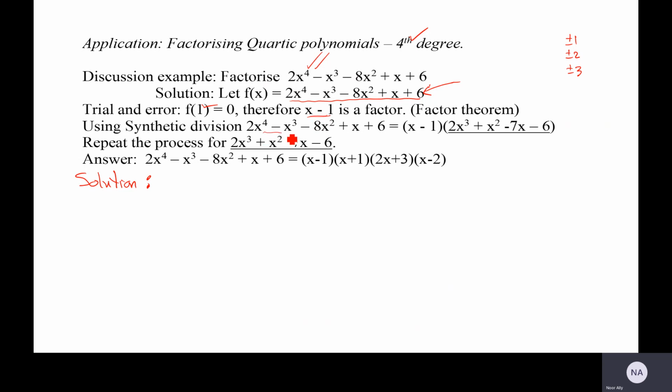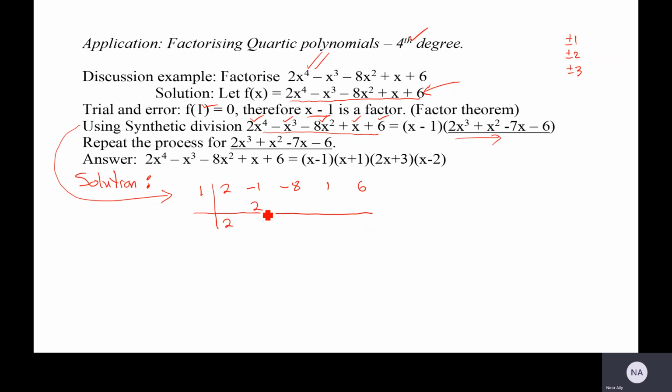Then we're going to use synthetic division to get this answer here. So how do we do that? Very quickly. Let's see. So I'm going to use synthetic division here. My divisor is x minus 1, so I'm going to put 1 on the left-hand side of the vertical line. On the right-hand side, I put all the coefficients in decreasing order. So that's 2, minus 1, minus 8, 1, 6. Do you remember what to do? You add: 2 plus nothing gives you 2.